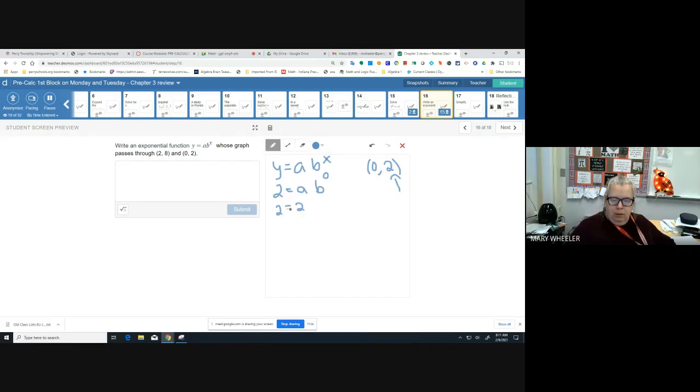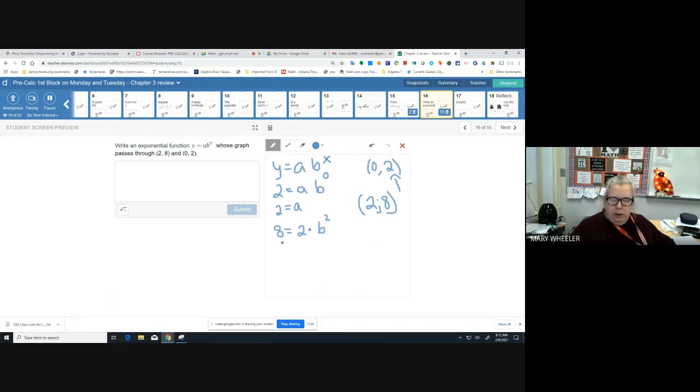But whoops, what did I put? 2 equals 2. But I always just remember, if your first number is 0, your second number is a. Well, now we need to know b, so you use your other ordered pair, which was 2, 8. And again, that's my x and y, but I also know a. So 8 equals 2 times b to the 2.